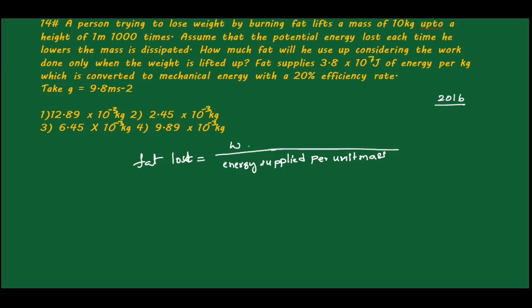If you simplify this, then you will get the answer. So fat lost is equal to work done divided by energy supplied per unit mass.